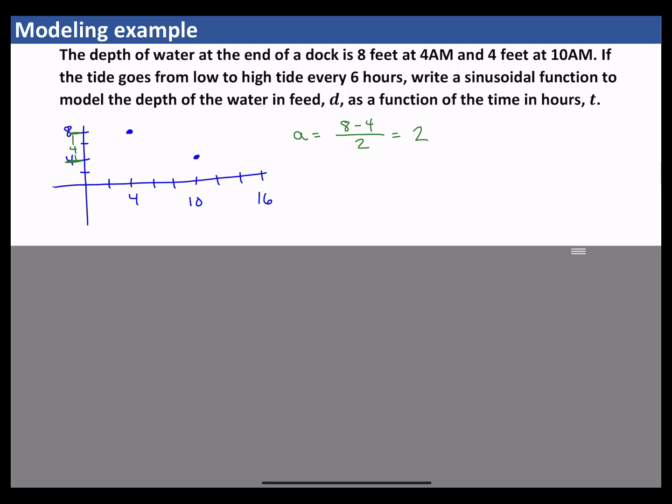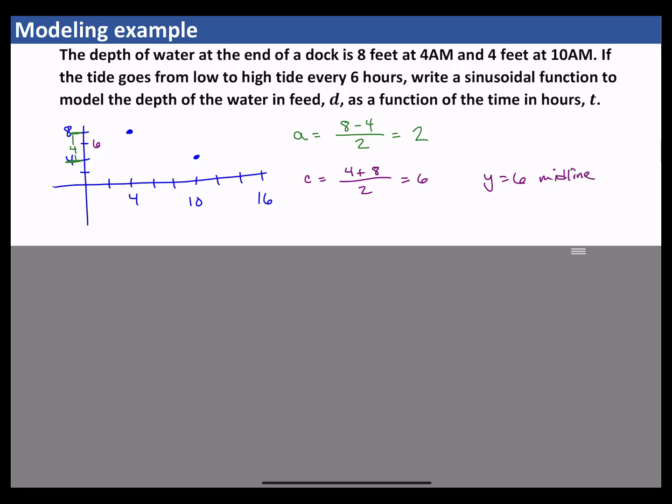We also see that halfway between the minimum and the maximum is 6. So the midline is essentially the average of the minimum and the maximum. So we have y equals 6 is the midline.